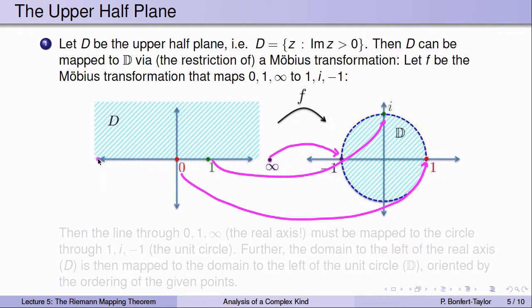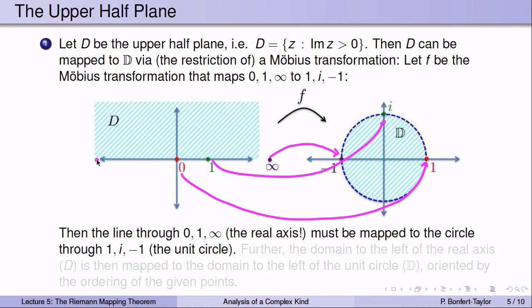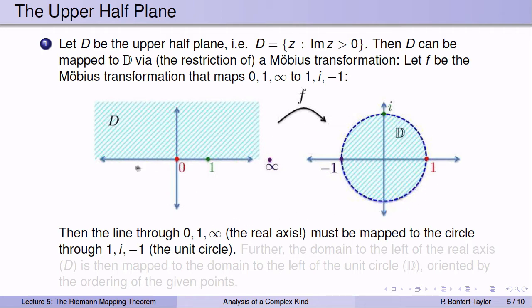So in particular, the line through 0, 1, and infinity, well, that is the real axis over here, has to be mapped to the line or circle through i, 1, and negative 1. Well, that is the unit circle. So this mapping has to map the real axis to the unit circle. And then what else is it supposed to do?